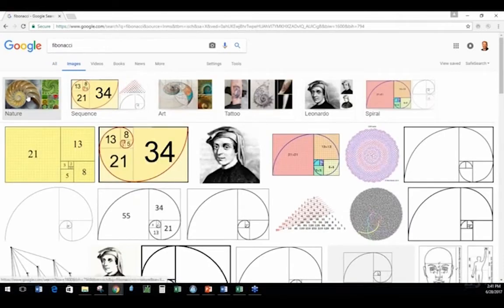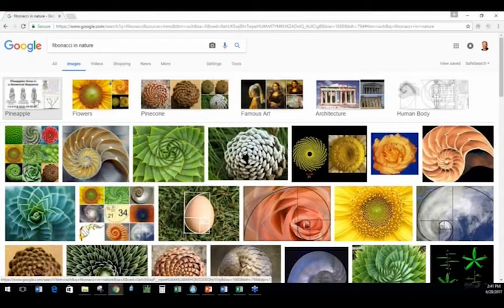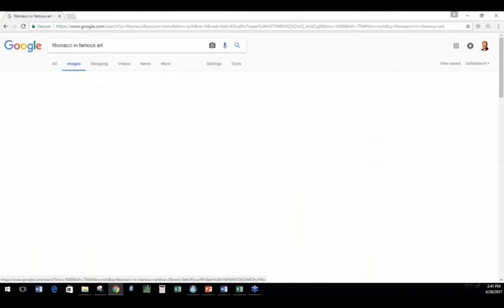It doesn't matter if you're talking about nature. If you want to count how many petals there are in a flower, it is a Fibonacci number. If you want to know in a pine cone how many rows and columns, it follows this magical formula of Fibonacci. You can look at it in nature. You can look at it in art.